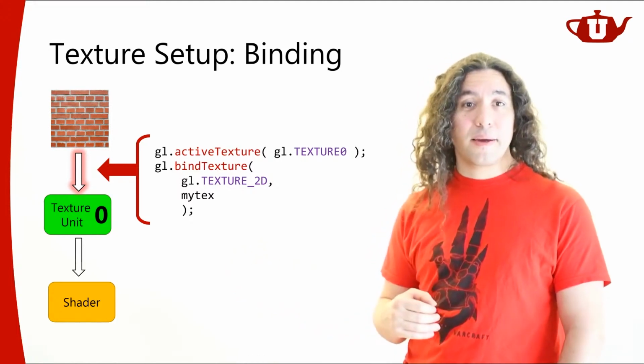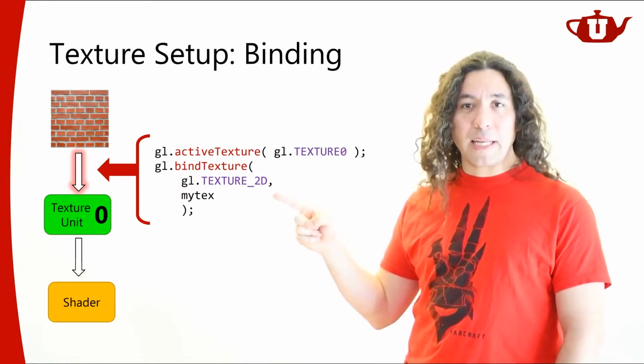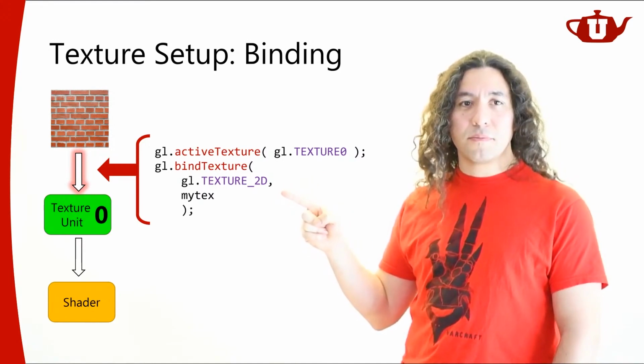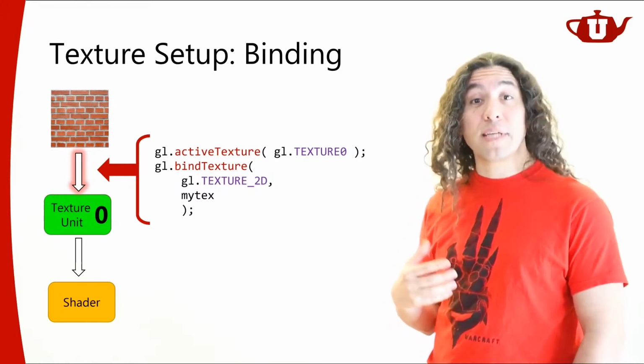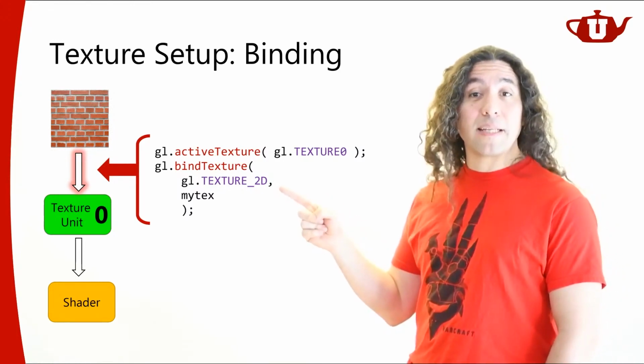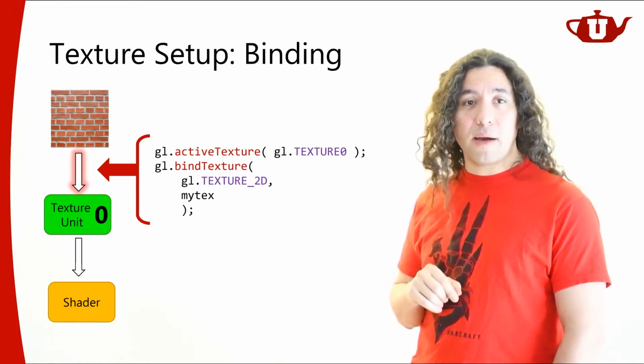All right, so this is picking the texture unit. Again, this is binding my texture to that unit. Now remember, a few slides before, while we were setting our texture, we also did bind texture there. So this is the other bind texture that I was talking about.